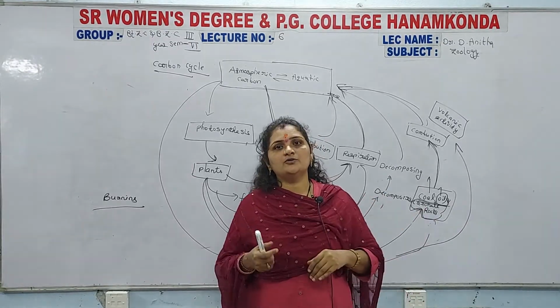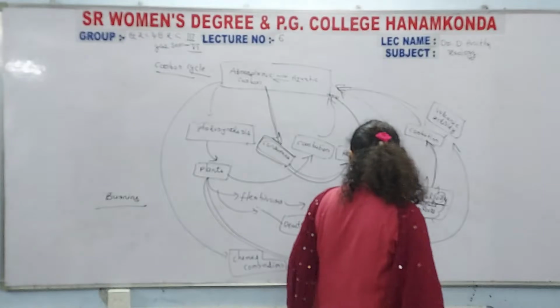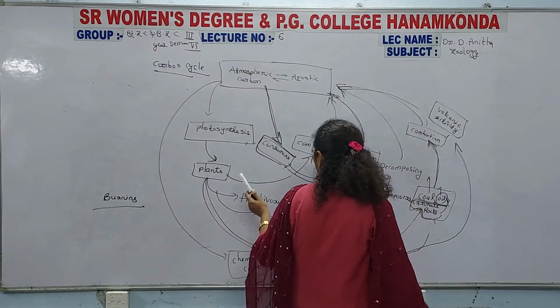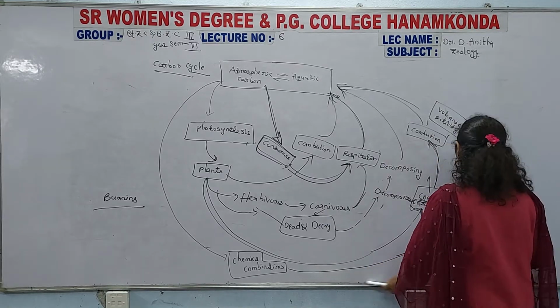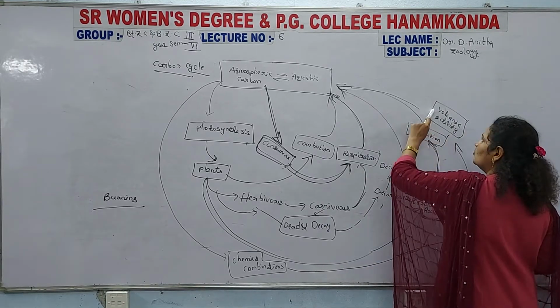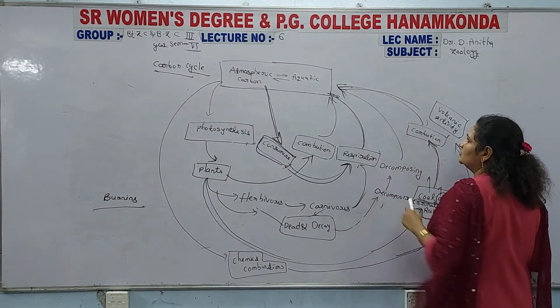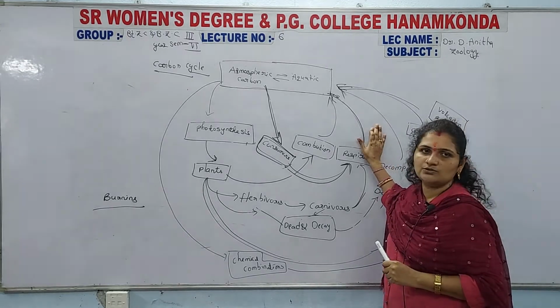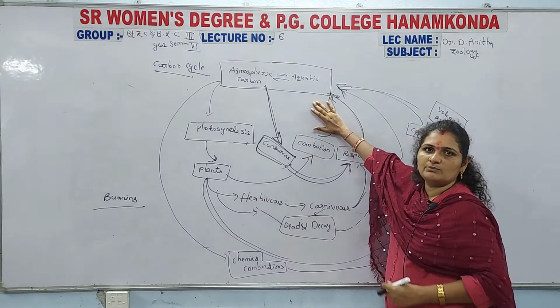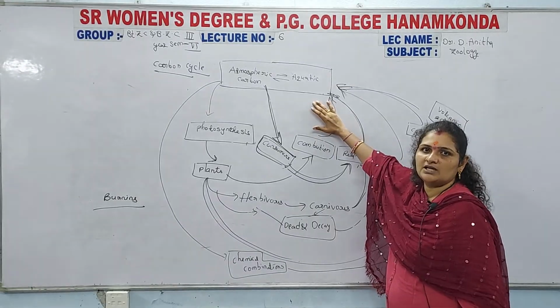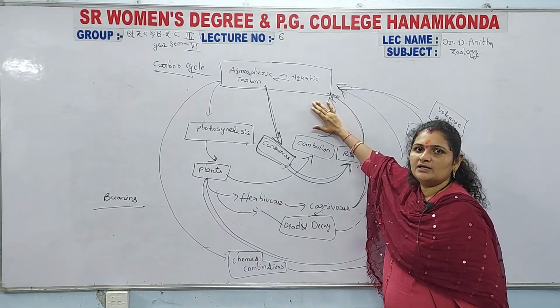Those volcanic activities also form from atmospheric carbon undergoing chemical combination. During the volcanic burning, when the lava is released, carbon is also released from the volcanoes. Again the atmospheric carbon is stable in the environment.